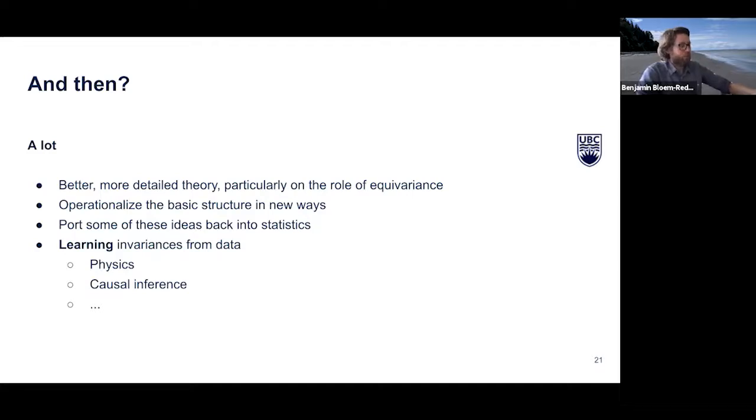There's a lot of interest in learning invariances where we have a bunch of data, but we don't know necessarily what the invariances might be in that data. This type of problem has applications in physics and causal inference. There's a really active literature right now connecting some of these ideas to causal inference. So that's all to say, I think there's a lot of interesting stuff out there, a lot of ongoing work that is quite promising.